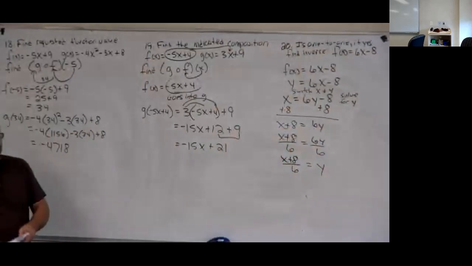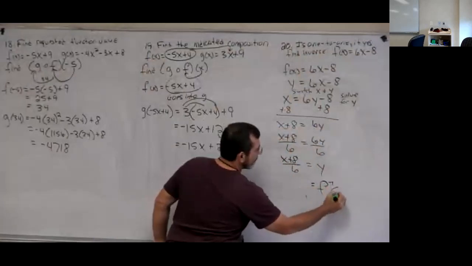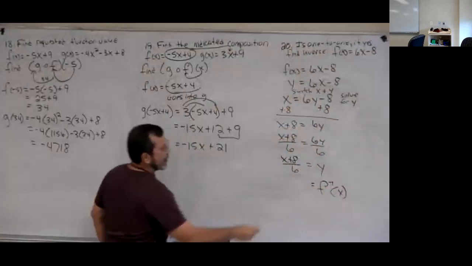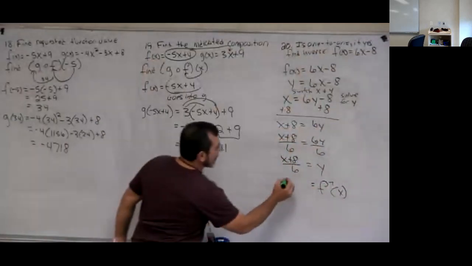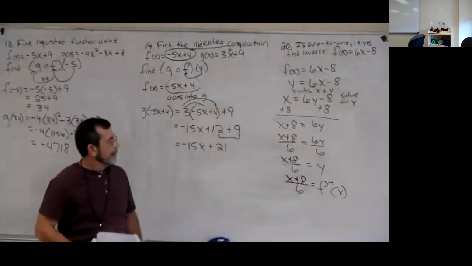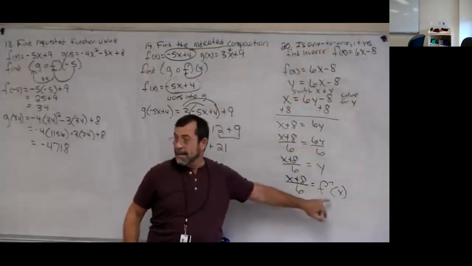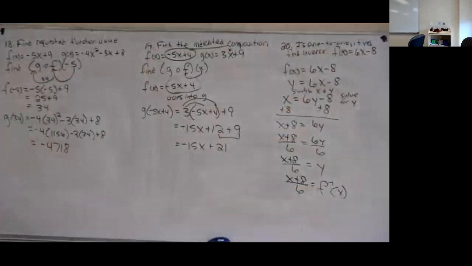And the very next step, replace this y with f inverse. Okay? And then that'll still equal x plus 8 over 6. Now they give you the f minus 1 of x. All you got to do is figure out that right side. And do not choose the answer that says not 1 to 1, okay?